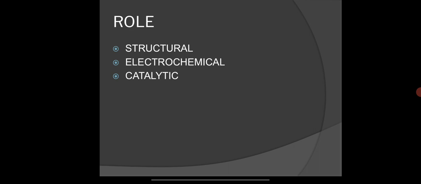Here, these essential elements play an important role in the formation of different types of structures inside the plants, that is cell wall, plasma membrane, etc. These types of structures get formed from the essential elements.